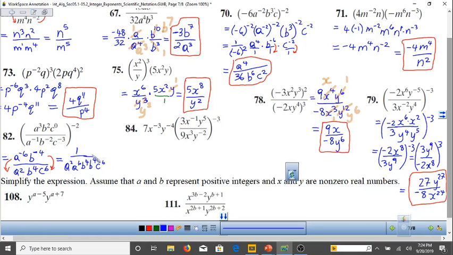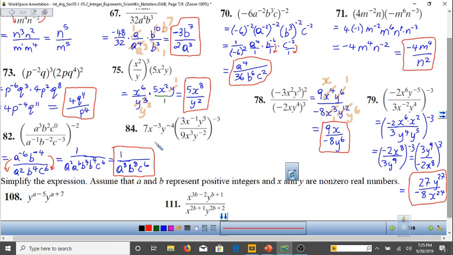That will give us 1 over a to the 8, b to the 8, c to the 6. And that's our answer for that one. That one is a little bit tedious, but that's the way you do that.